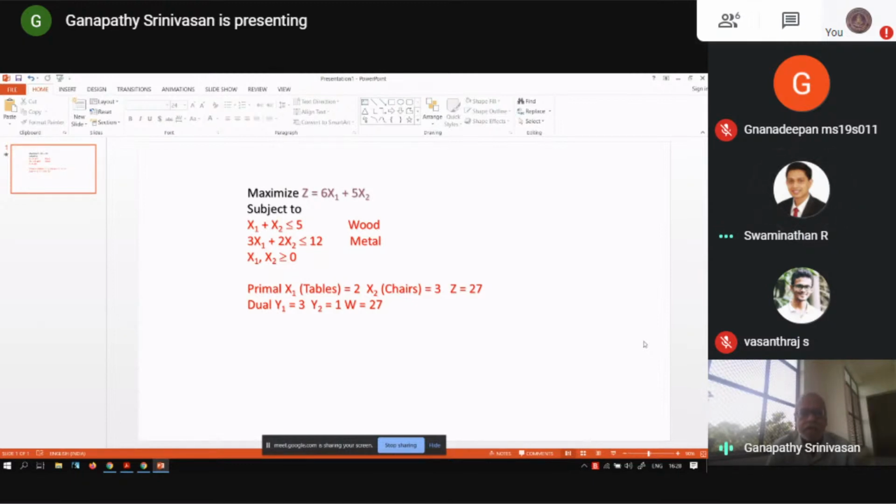The primal is telling you make 2 tables and 3 chairs. To make 2 tables and 3 chairs, I need the 5 units of wood I have, and I need 12 units of metal. Remember, the bag on my left is wood and the bag on my right is metal.